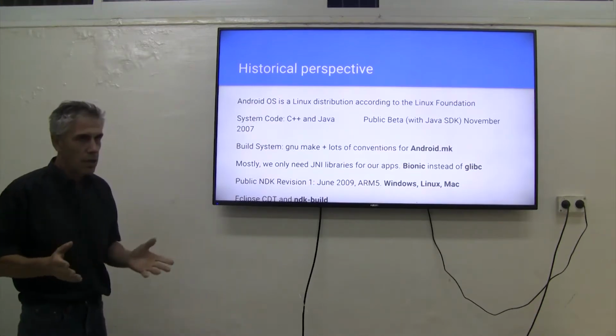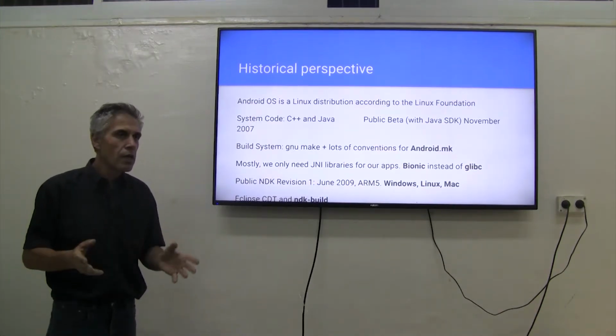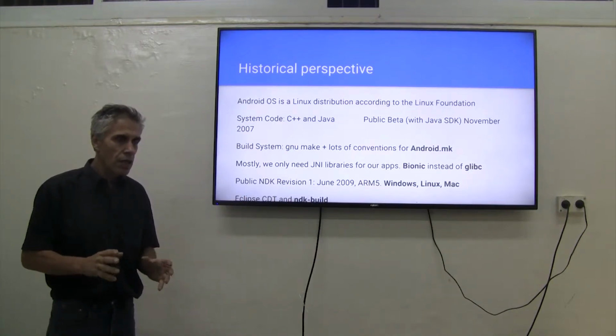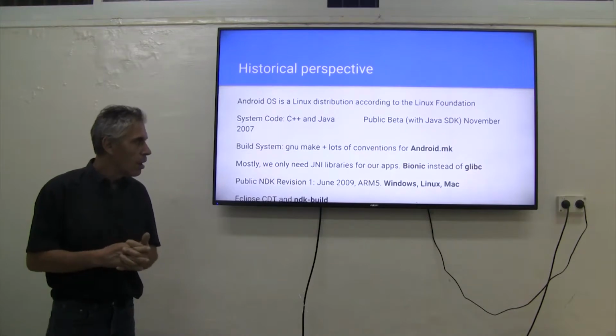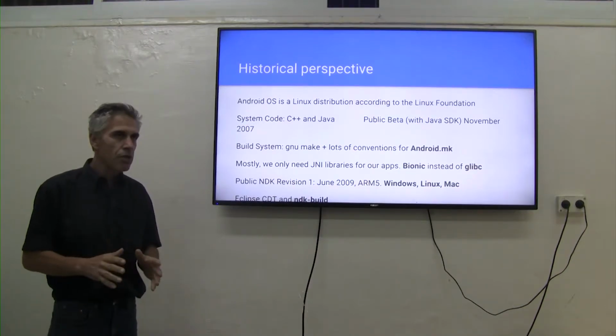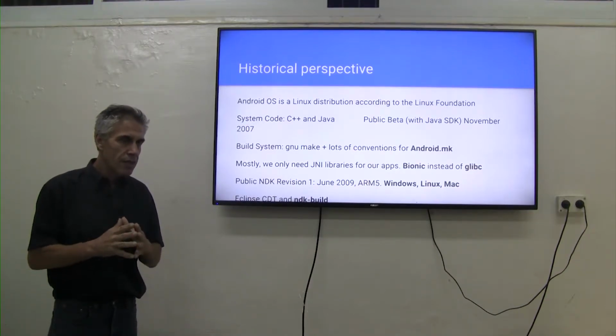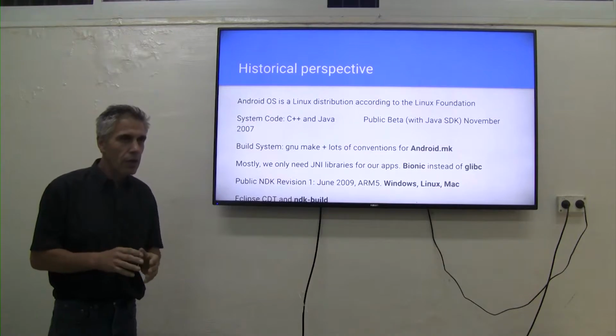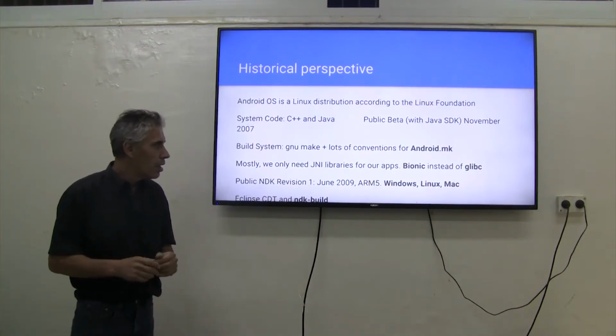Mostly we convert our C++ modules into JNI libraries that can speak with Java. The JNI in Android is absolutely clean, standard JNI as declared by Oracle or Sun, if you will. So nothing different, and they're very strict in following all the conventions.